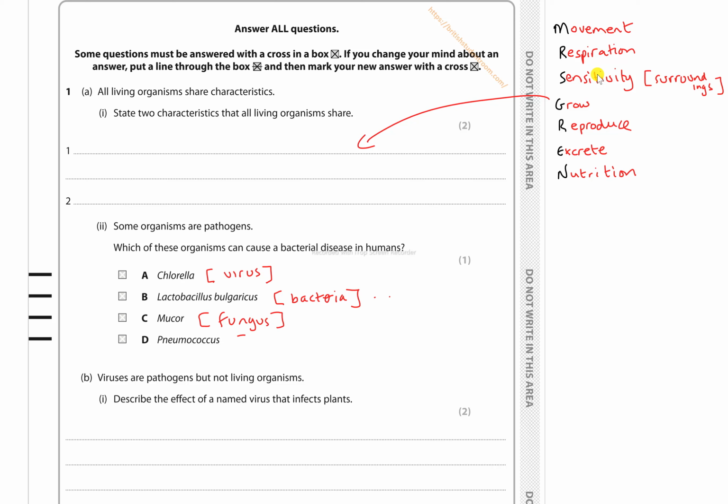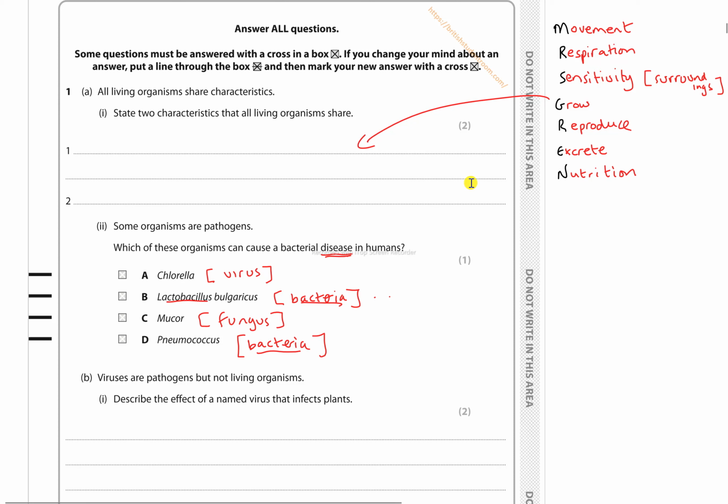Pneumococcus is the one that causes disease. It infects the lung. So this is a bacteria. It's this one because they've asked for bacteria and disease. This is bacteria but not disease.